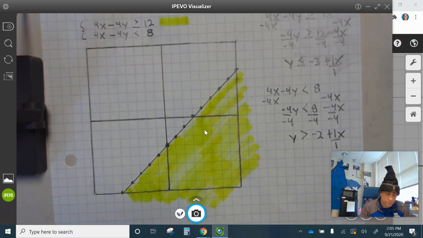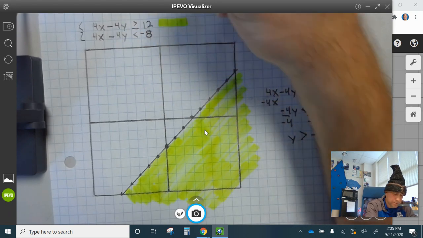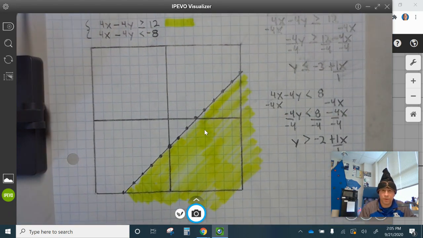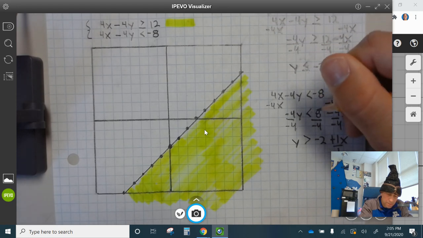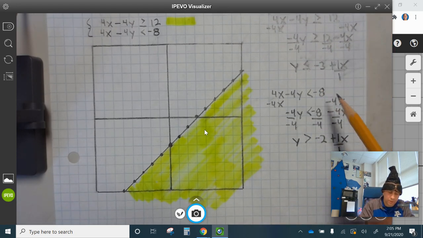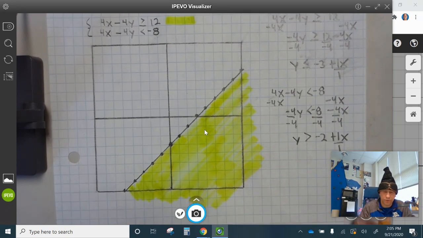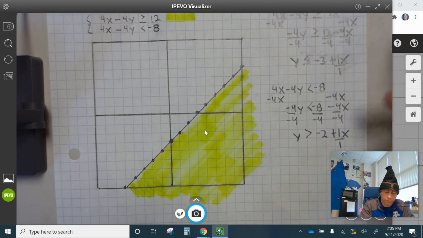So, you know what? Let me change that to a negative 8. So it doesn't change much in the problem, but it's going to make the graph a little bit easier to see. So what changes that is a negative 8 divided by negative 4 is a positive 2.